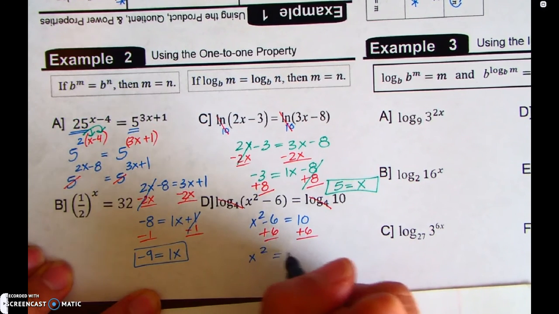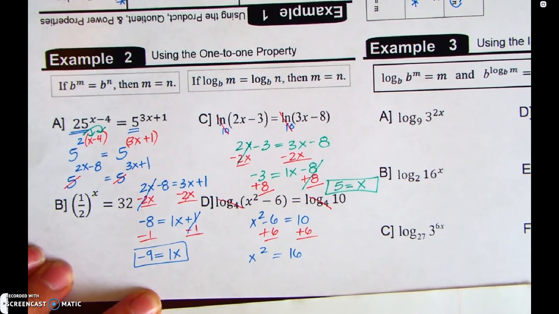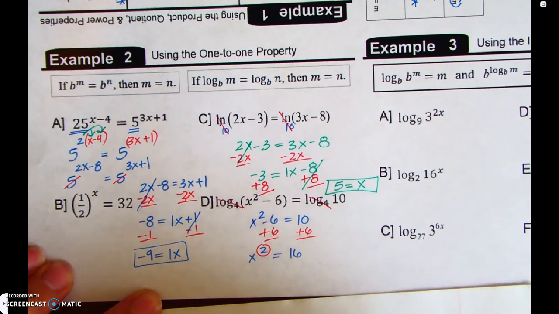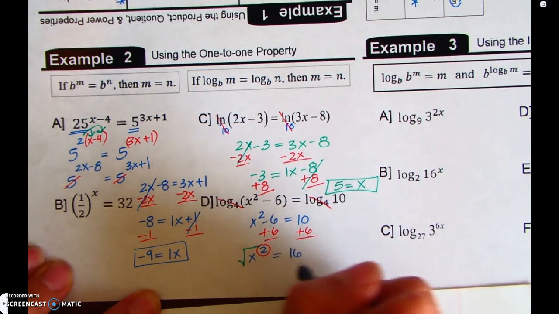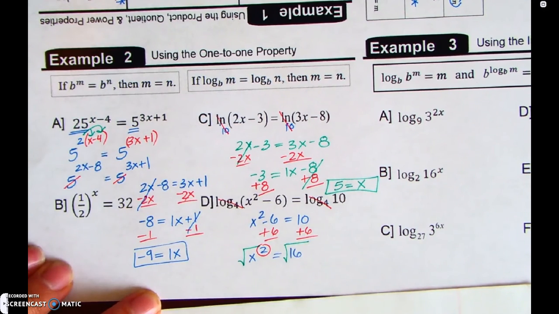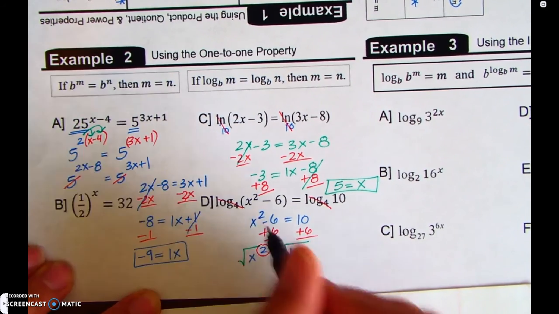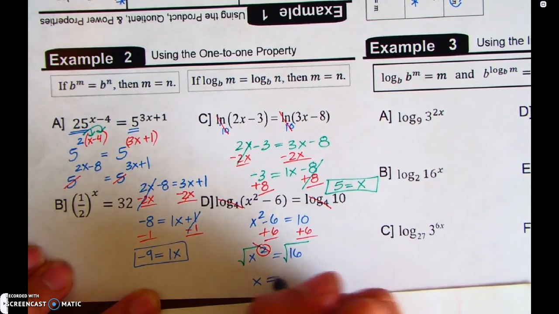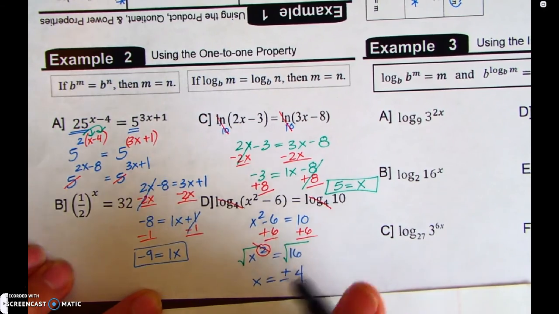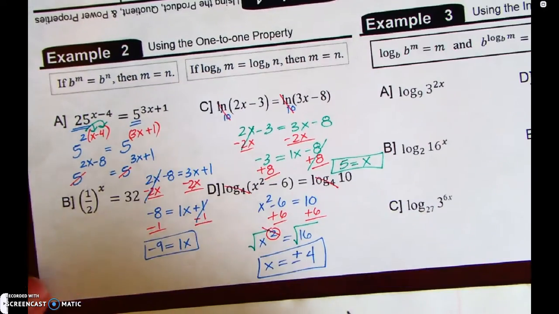You're left with x squared is equal to 16. You don't want to leave the x squared, so how do we get rid of the squared? That's right, we have to take the square root. Whatever you do to one side, you have to do to the other. The squared and the square root cancel each other out. So now you're just left with x is equal to, what's the square root of 16? That's right, 4 plus or minus 4.